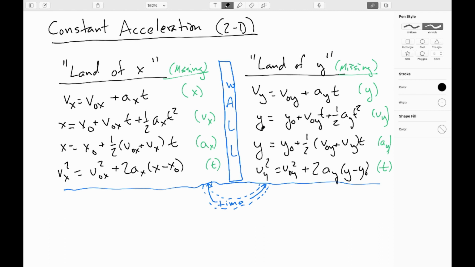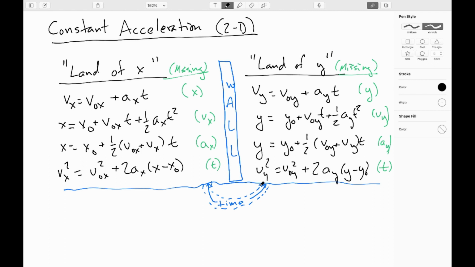You can't communicate any information between the land of x and the land of y, except it's almost always the case that whenever there is a large wall erected between nations, there's a tunnel underneath the wall somewhere. And the one piece of information that can go through the tunnel is the time. And this will turn out to be super useful.